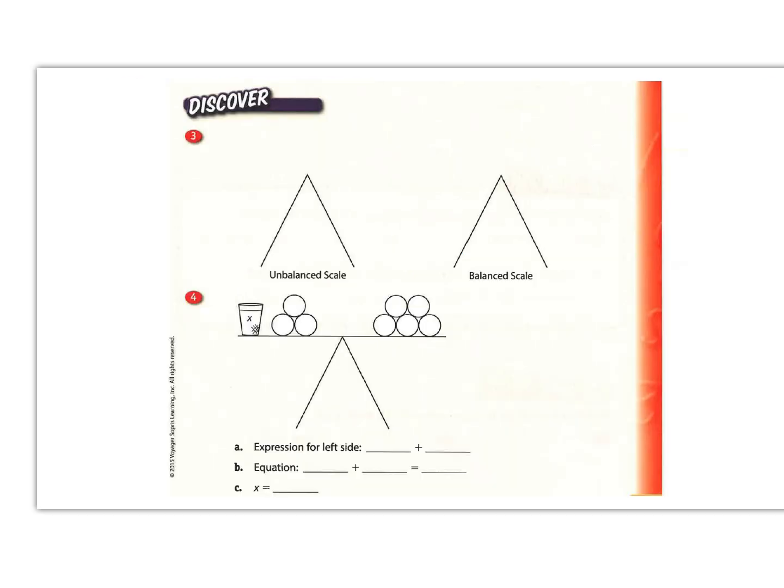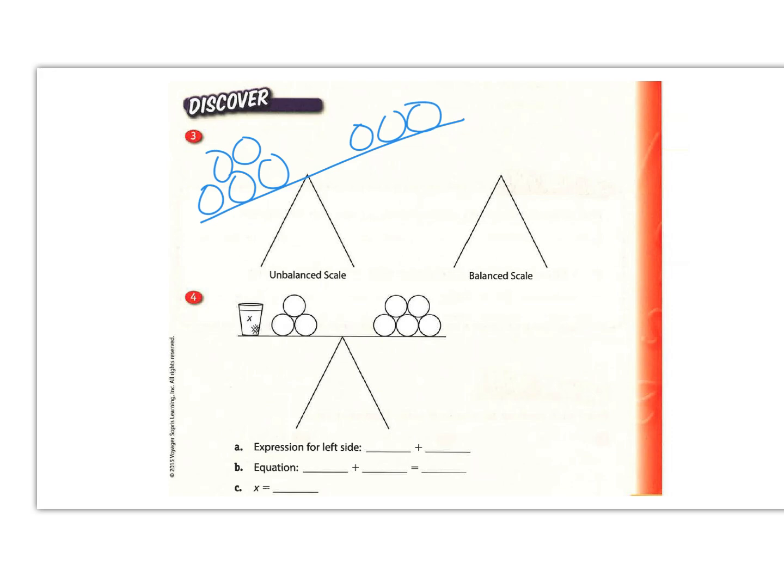Okay, number 3, if we look here, an unbalanced scale and then a balanced scale. So if it is unbalanced, it would look something like this. That means there would be 1, 2, 3, 4, 5 things, and then over here, there's only 3 things.